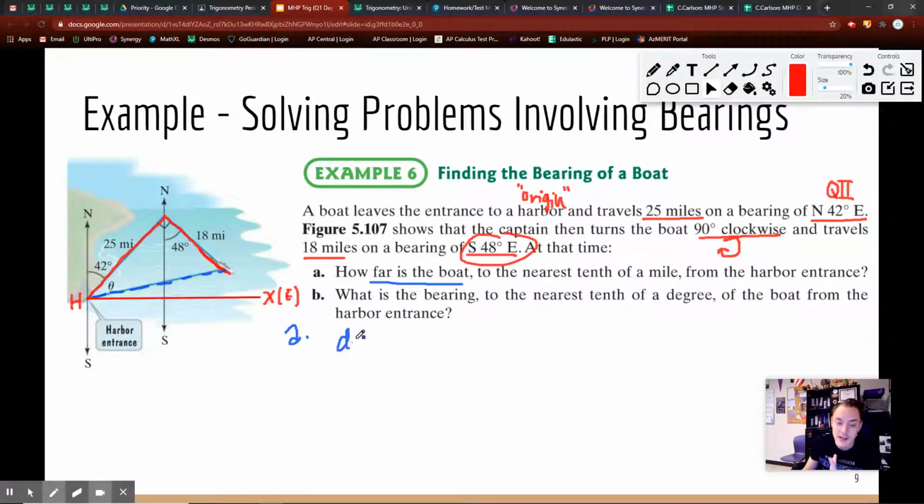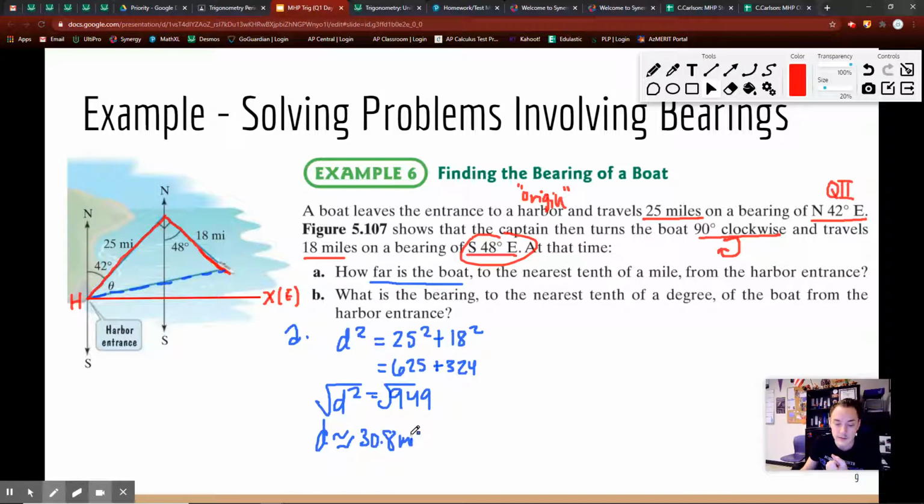So the distance squared equals 25 squared plus 18 squared. 25 squared is 625, plus 324, and this equals 949. Of course I have d squared, so I square root. That means my d is approximately equal to 30.8 miles. Of course this is very easy. It's Pythagorean theorem. You can plug that into Desmos real quick and just solve it. So that's why I wanted to solve it like that.